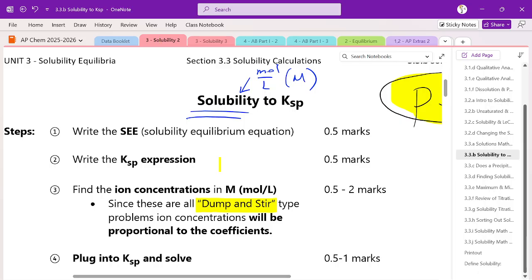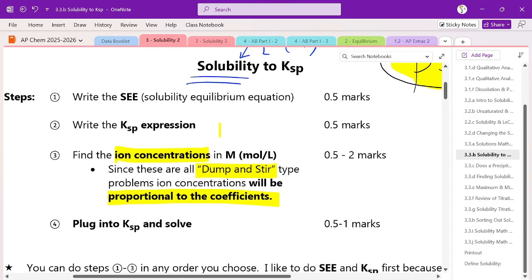Okay, and they will be proportional. The ion concentrations will be proportional to the coefficients. And then all we do is we plug into KSP and we solve. You can do steps 1, 2, and 3 in any order that you like.